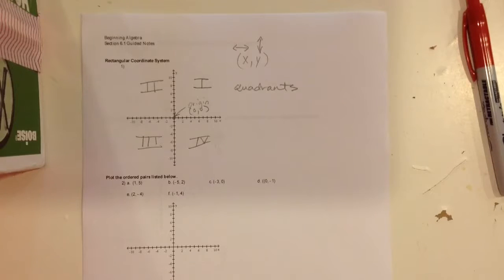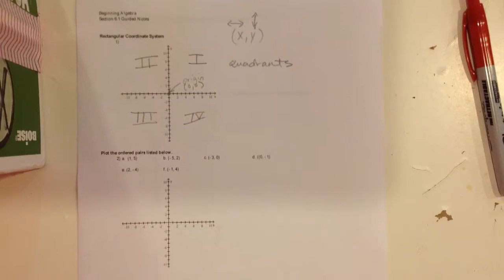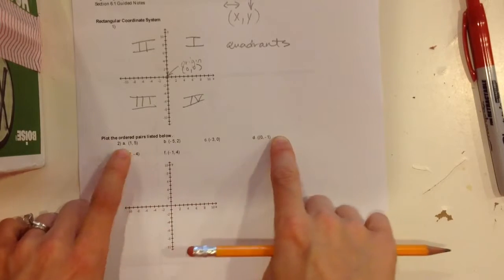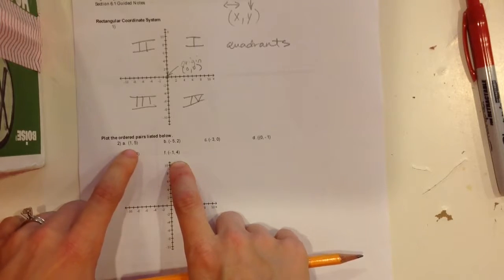Now what we're going to do in our next example is we are going to plot the ordered pair and then tell the location. So if it's in a specific quadrant, we're going to tell what quadrant it's located in. If it's located on an x or y axis, we're going to say that as well. Okay. So notice down here we have all different ordered pairs. We're going to plot each one of these.